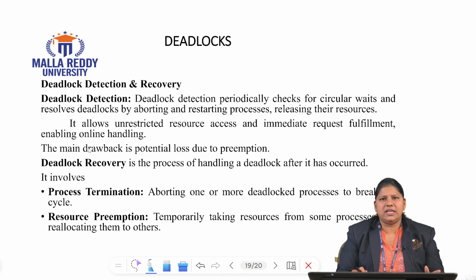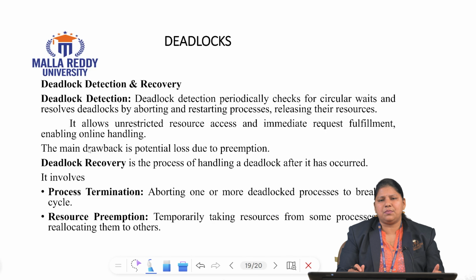Next one is deadlock detection and recovery. Deadlock detection periodically checks for circular waits and resolves deadlocks by aborting and restarting the process, releasing the resources. It allows unrestricted resource access and immediate request fulfillment, enabling online handling. The main drawback is potential loss due to preemption.